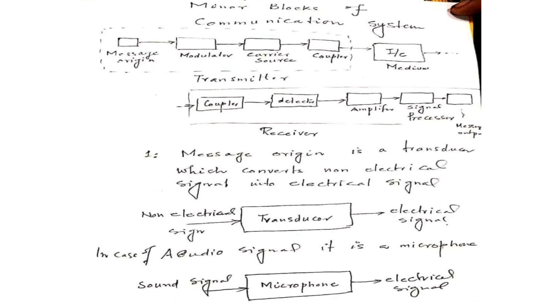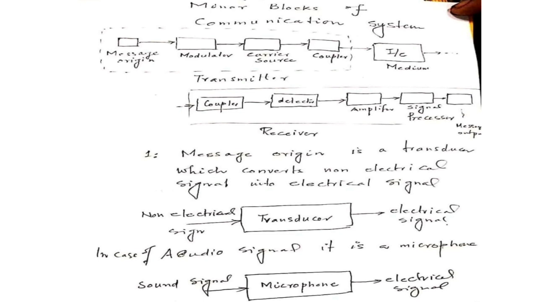So if we want to transmit an audio signal with the help of our communication system, a microphone is the transducer in this particular case. So the message origin will be a microphone, and the microphone is an example of a transducer, and this microphone will convert the sound wave into the electrical signal.